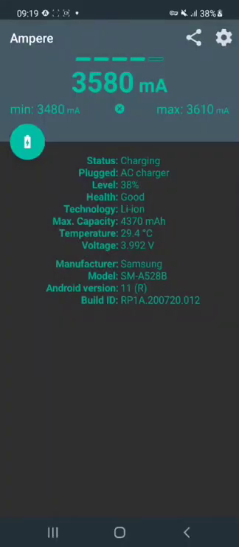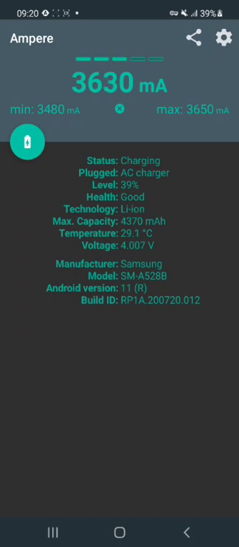Okay, so like I said, that scaling governor is broken. It's not doing anything. Charging fine.